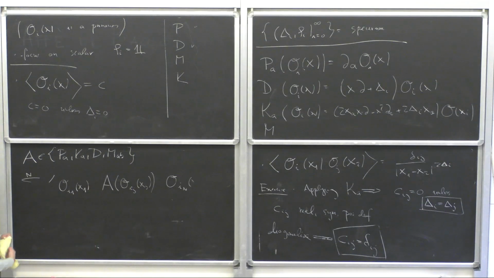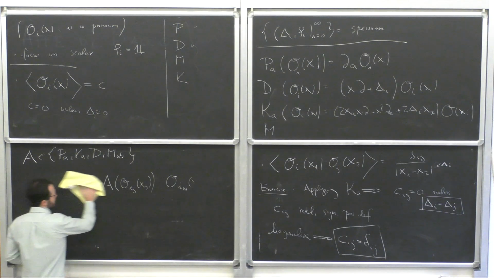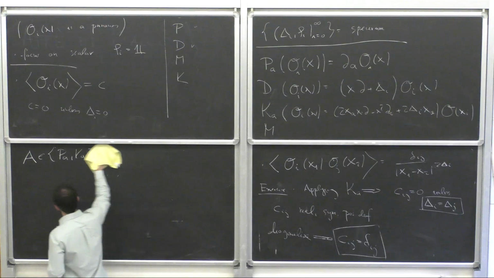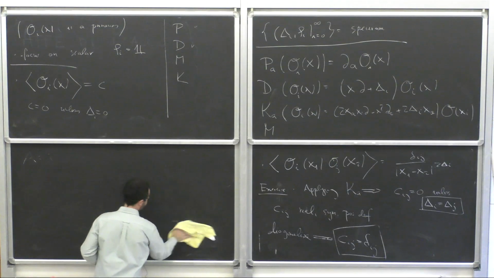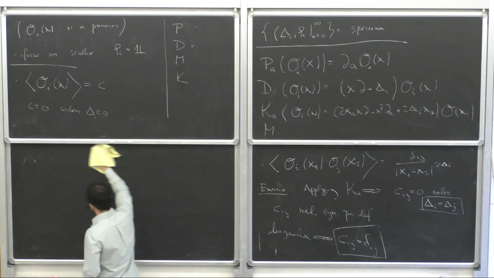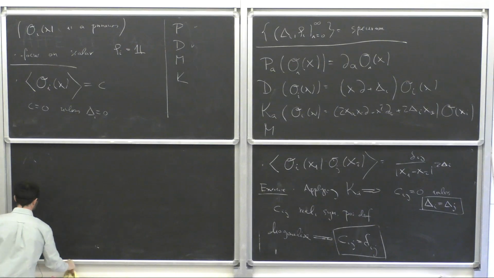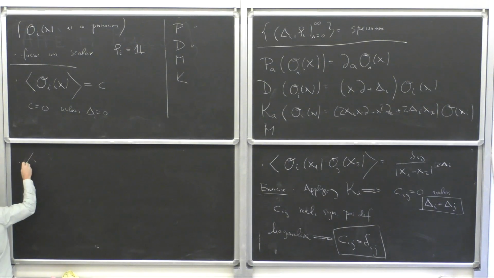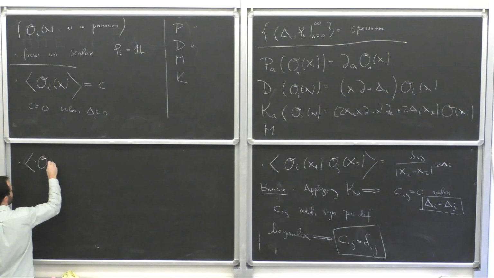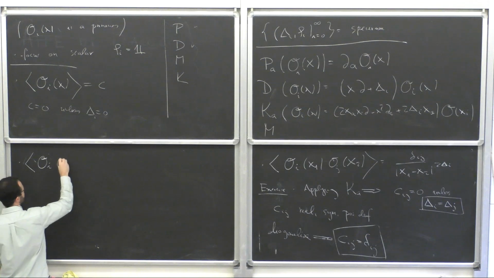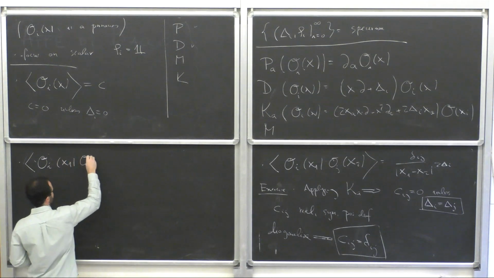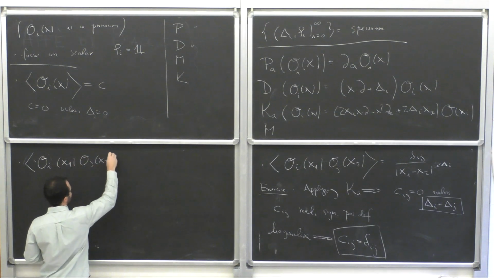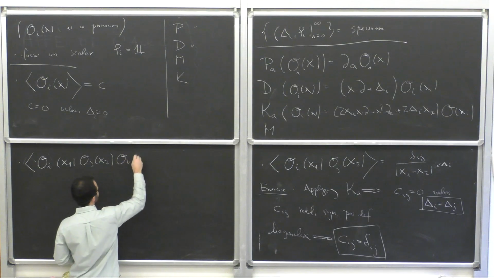And things get better once you look at the 3-point functions. So now, if you look at 3-point functions, let's call them OI, OJ, and OK.